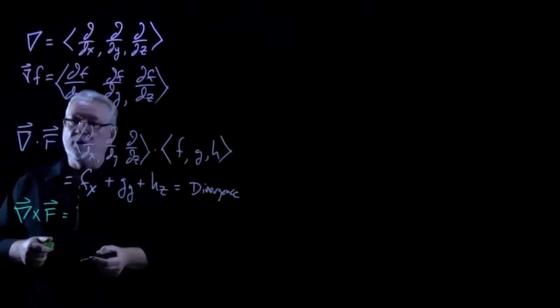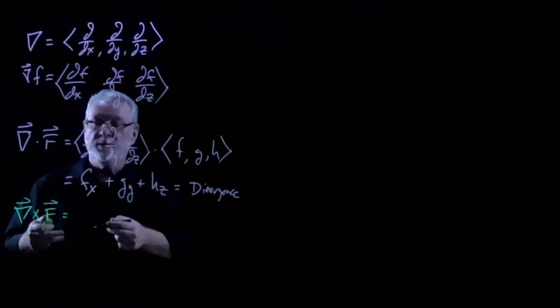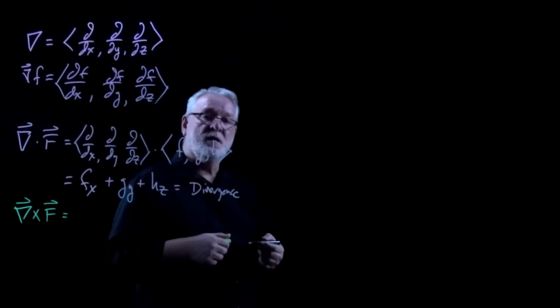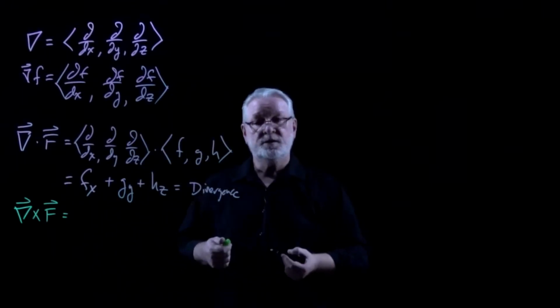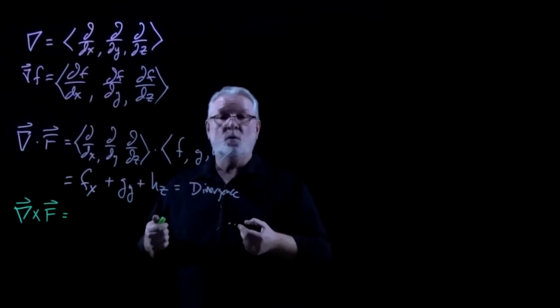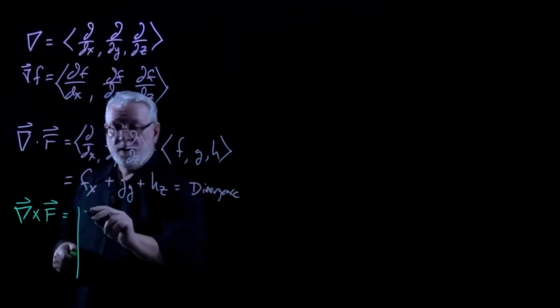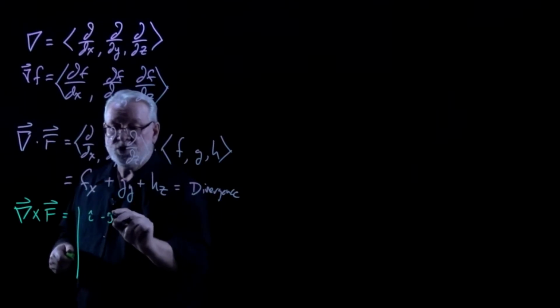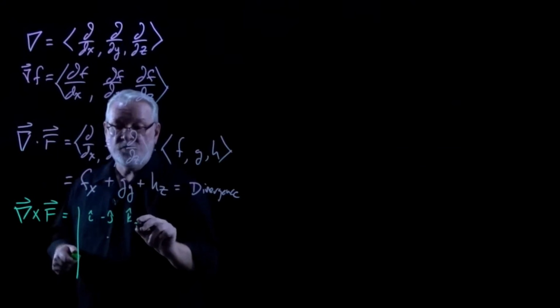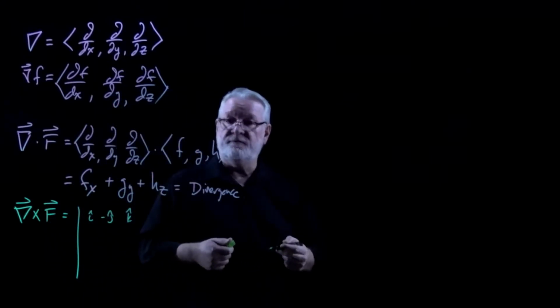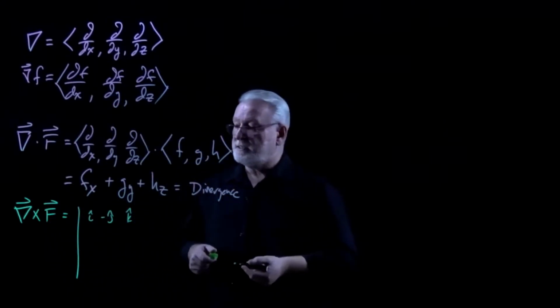Well, this one's going to be a little bit more difficult to evaluate simply because it's a cross product. And of course, to evaluate the cross product of two vectors, if it's three-dimensional, we're going to need a 3x3 matrix. The top line will be i, negative j, and k. And of course, these refer to the unit vectors in the three principal axes.